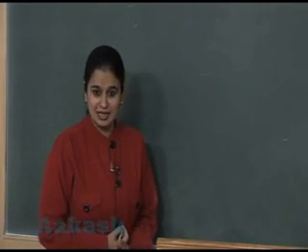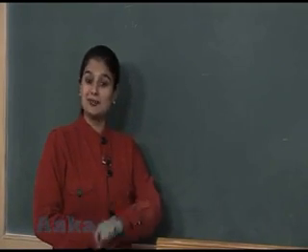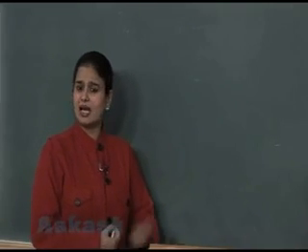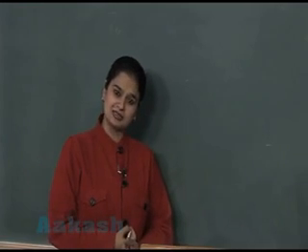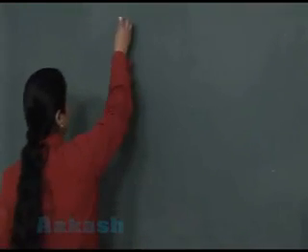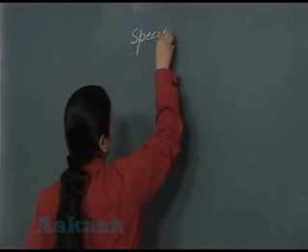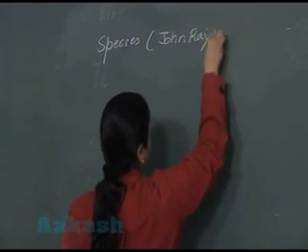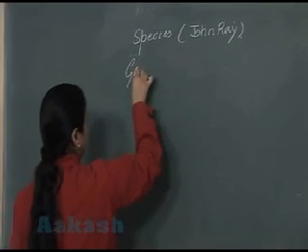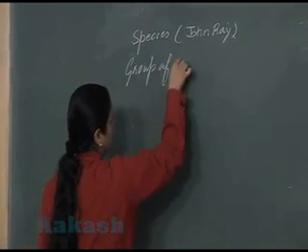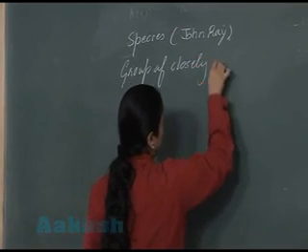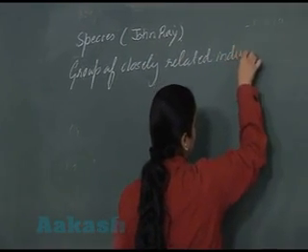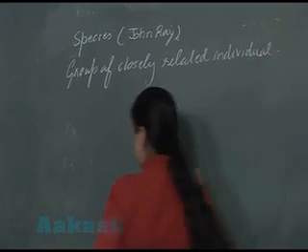So let's write what species is. Term given by John Ray. Species represent a group of closely related individuals. They are similar.